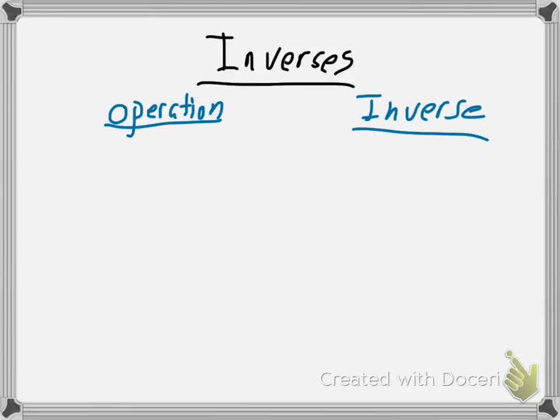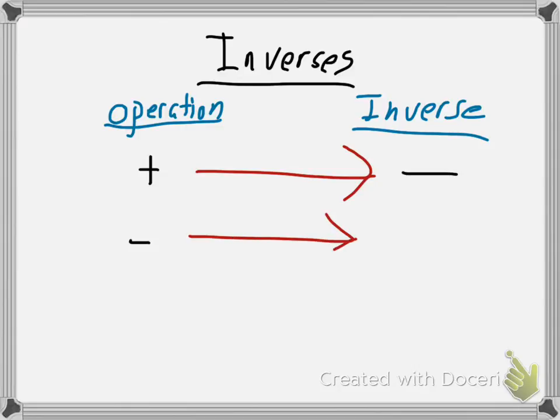So, we can see here that I have my operations and their inverses. If I have the operation addition, I know that its inverse or its opposite is subtraction. Likewise, if I have subtraction, its inverse is its opposite, which is addition.